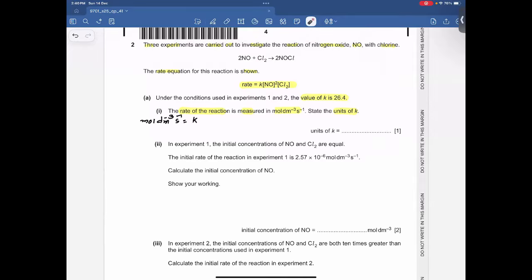Now NO has a square, which means its unit is going to be mol squared dm to the minus 6. The concentration of chlorine has only power 1, which means its unit is mol per dm cubed.